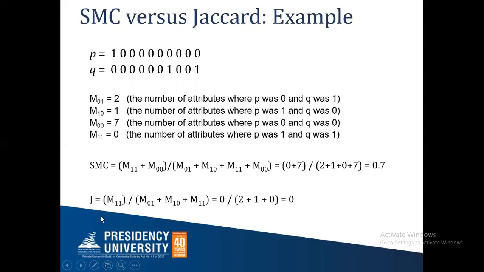Now when we calculate J, the Jaccard coefficient, the formula says M11, which is 0, divided by M01, that is 2, plus M10 which is 1, plus M11 which is 0. So 0 divided by anything, we get the J value as 0. So this is just one example where we can calculate the value of the simple matching coefficient SMC and the Jaccard coefficient J.